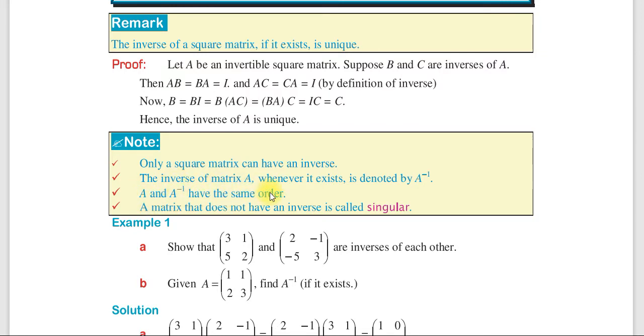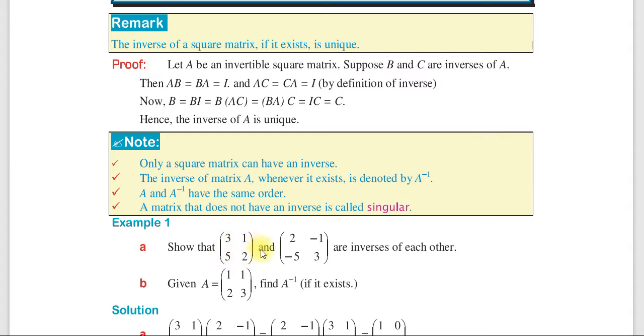A matrix that does not have an inverse is called singular, but if a matrix has an inverse, it is called non-singular.